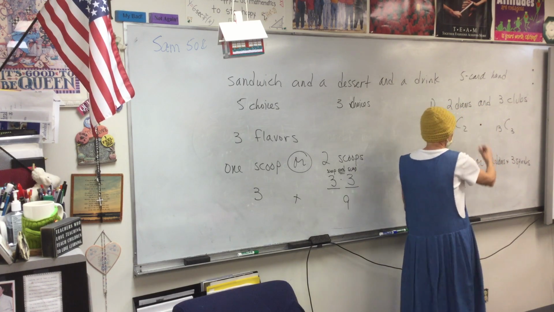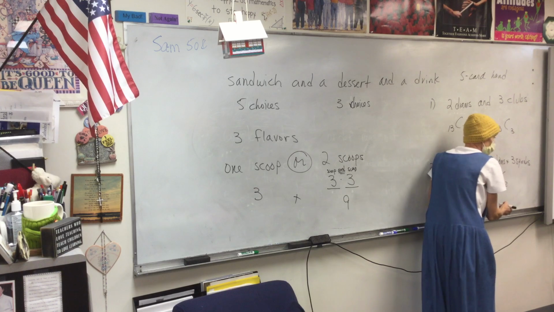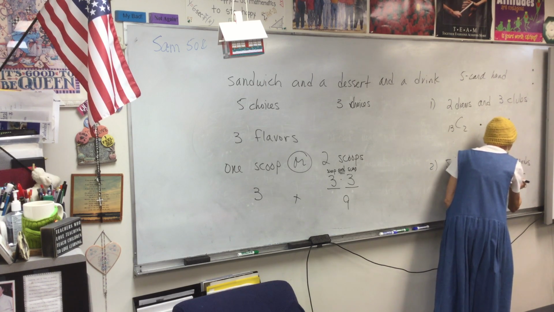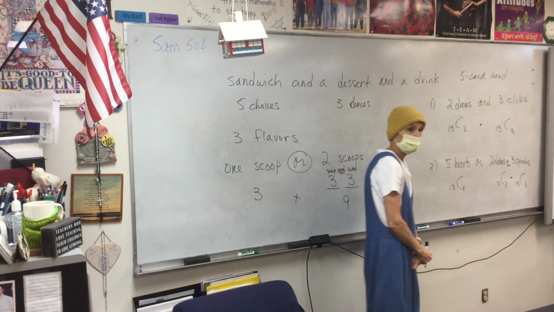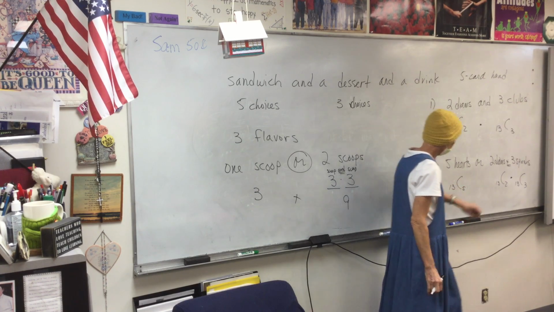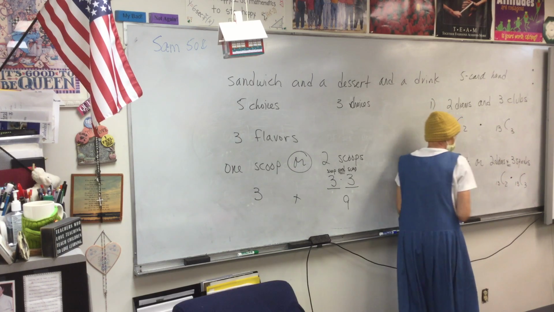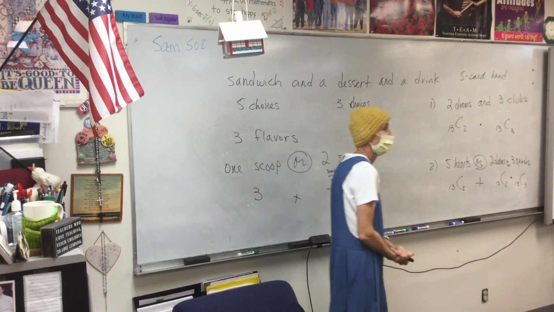We kind of already did that. 13C2 times 13C3, because it's 2 diamonds and 3 spades. Now you can type that in on your calculator and get a number. You can type that in and get a number. What are you going to do with these 2 numbers now? You're going to add them because of the OR.